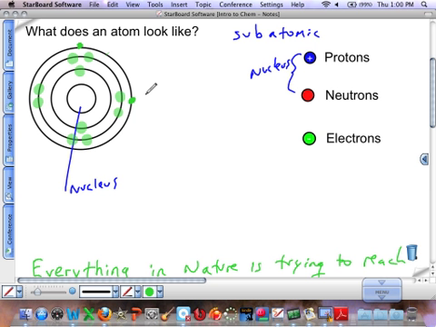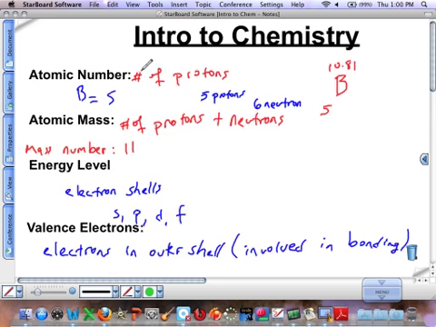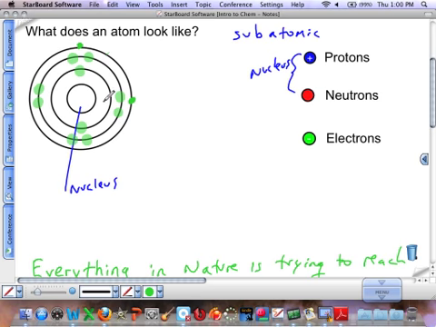Protons and electrons have to be the same, right? So if I have 12 electrons, how many protons do I have? 12. And the atomic number is the number of protons. So guys, if I want to know what element I have, I need to go to the element that has 12 as an atomic number, and that is magnesium. Okay, so we've got Mg.